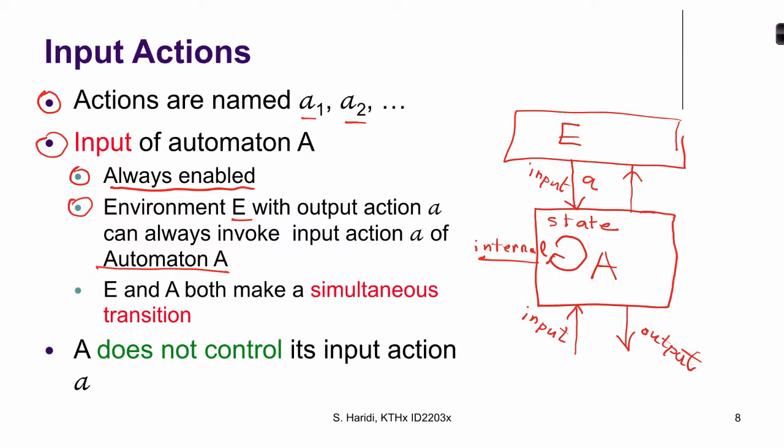And for the system to progress, both the environment E and the automaton A make a simultaneous transition. The simultaneous transition will change the state of the automaton, and also the state of the environment. But the most important thing about input actions is that an automaton, in this case state machine A, does not control its input actions. The environment controls that.